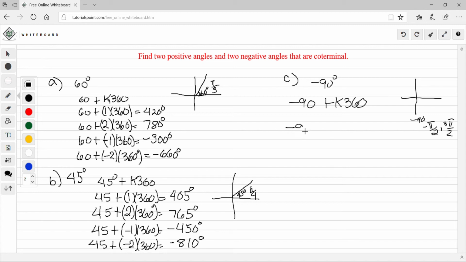Negative 90 plus 1 times 360 is positive 270. Negative 90 plus 2 times 360 is positive 630.